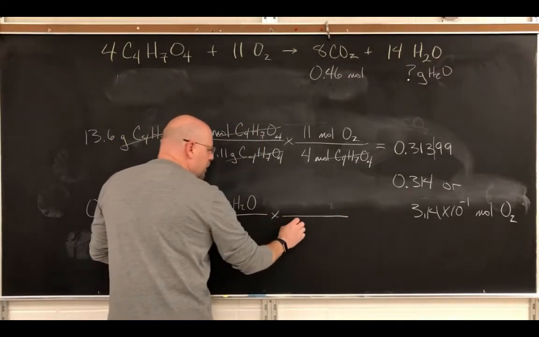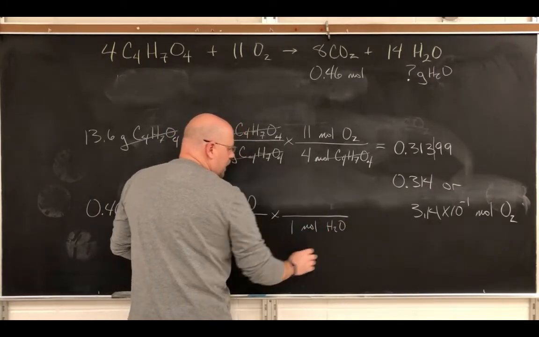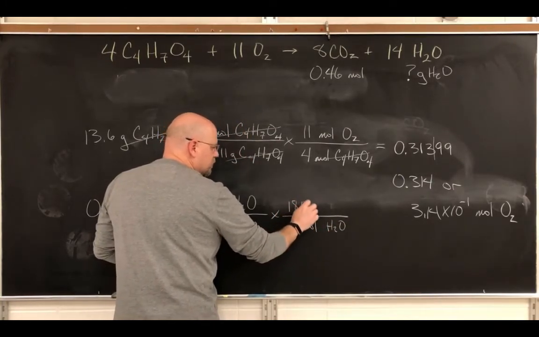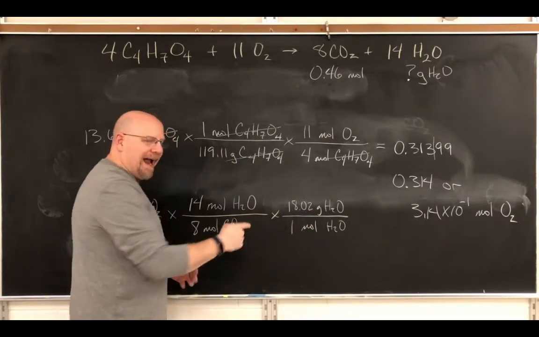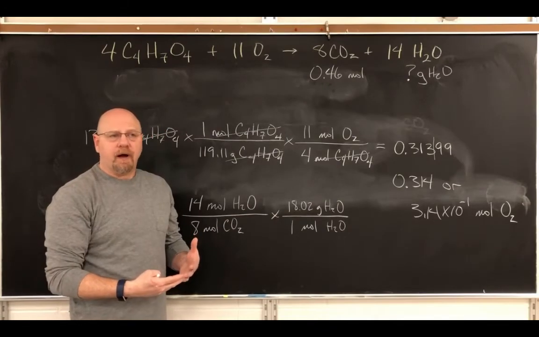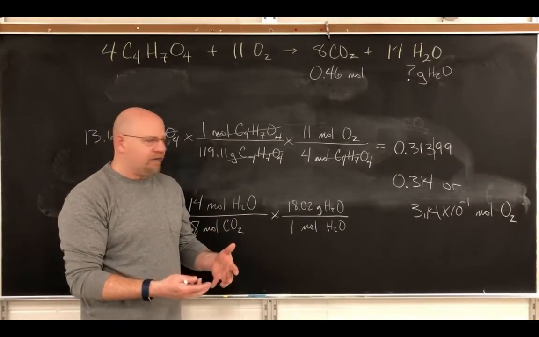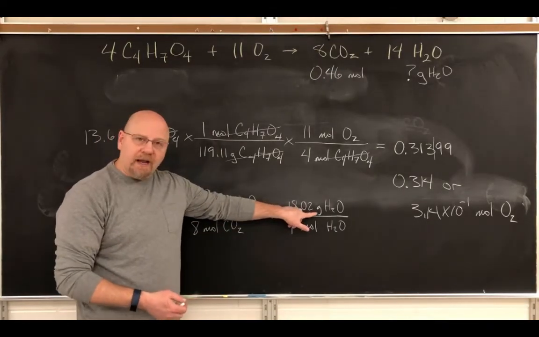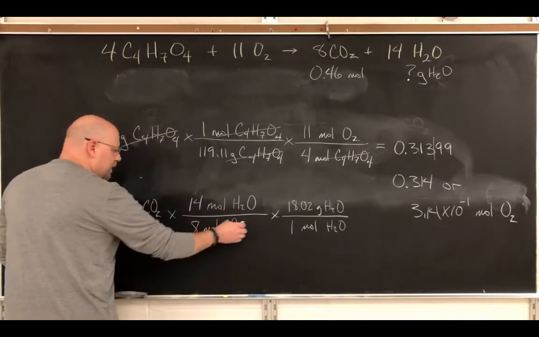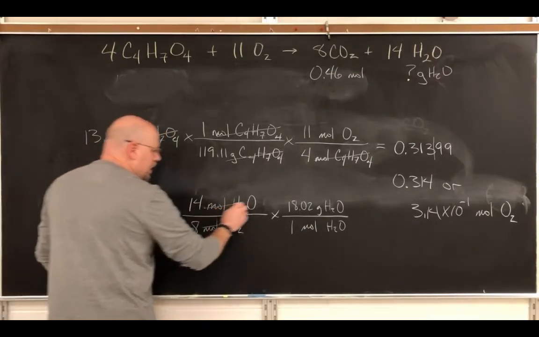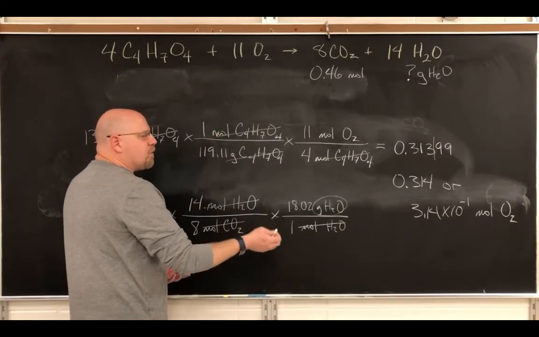And we're going to have 1 mole of water on the bottom, and 18.02 grams of water on the top. Now, this value we got by adding up the mass of water off the periodic table. And anytime you add the mass up off the periodic table, it's called the molar mass, and that will be the mass in grams for 1 mole of that substance. So that allows us to cancel out everything except for the unit of grams of H2O, which is what we want.